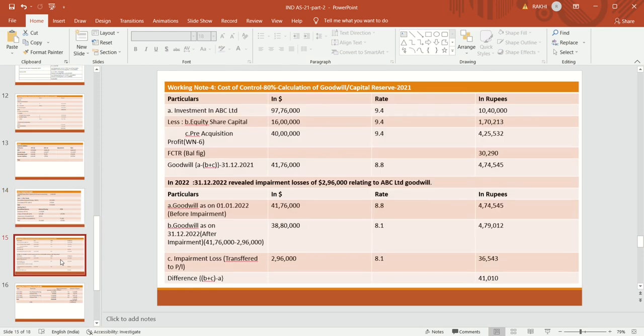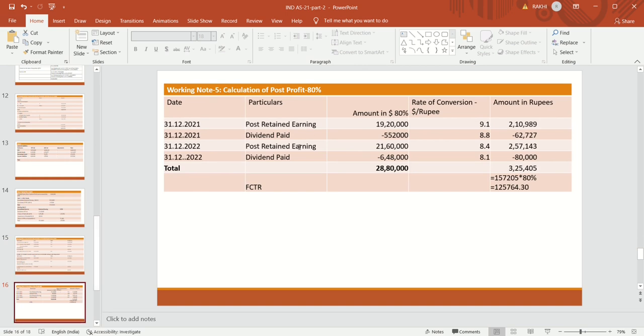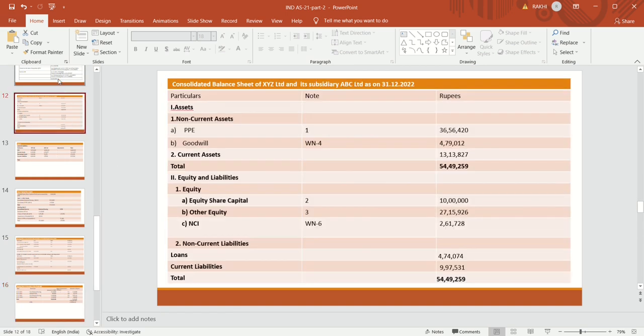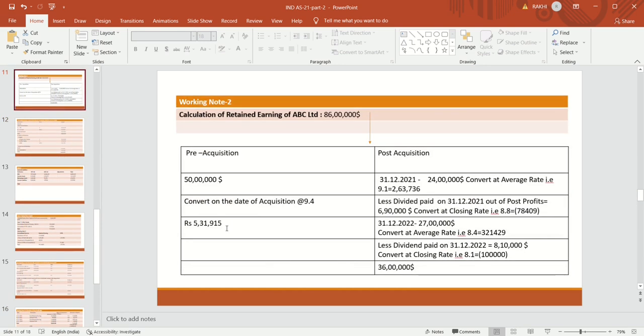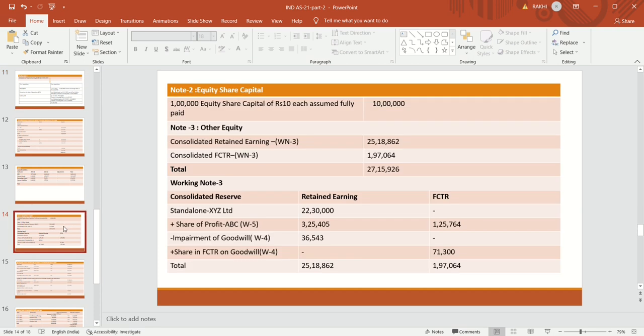So ABC Limited's retained earning, that is the pre-acquisition retained earning, is 5,31,915, and we will take the 80% of 5,31,915, that is 3,25,405.